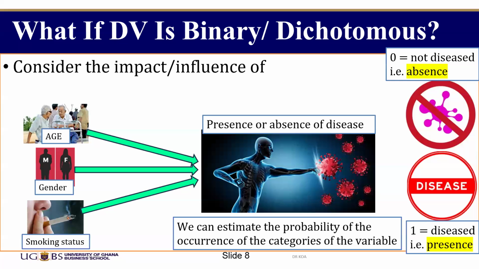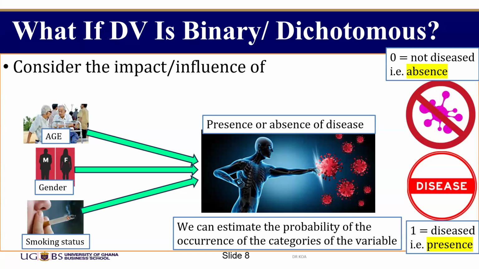However, what if the dependent variable, the target variable, is not continuous, but a discrete binary? Let's look at the influence of age. Would you agree that a person's age can determine the presence or absence of disease? What about gender? Yes, certain diseases.